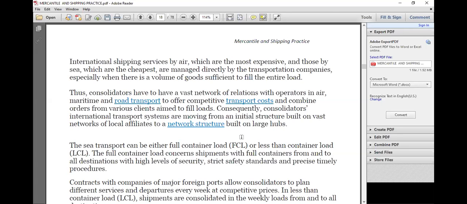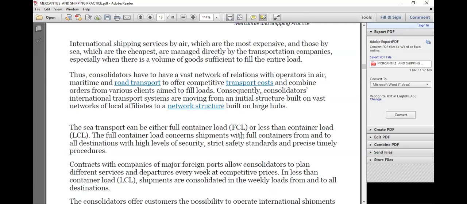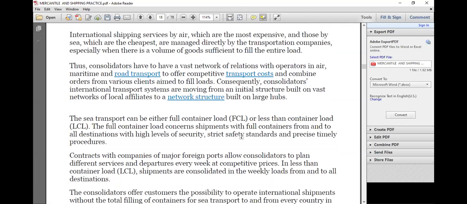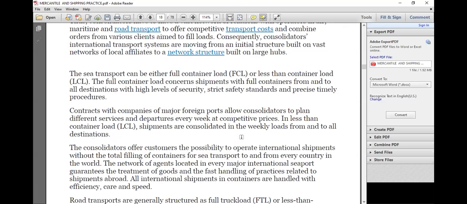So FCL concerns shipment with full containers to all destinations with high levels of security, strict safety standards, and precise timely procedures. These are normally sealed from the port of loading to the port of destination, and maybe to the shipper's premises, depending. Contracts with companies of major foreign ports allow consolidators to plan different services and departures every week at a competitive price.